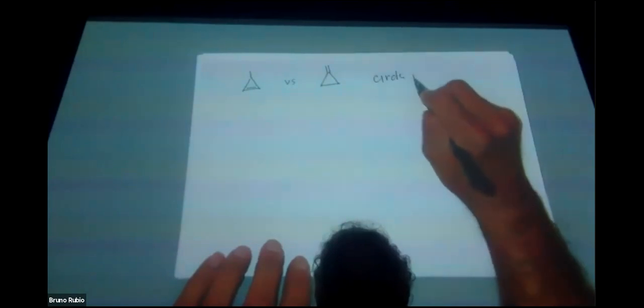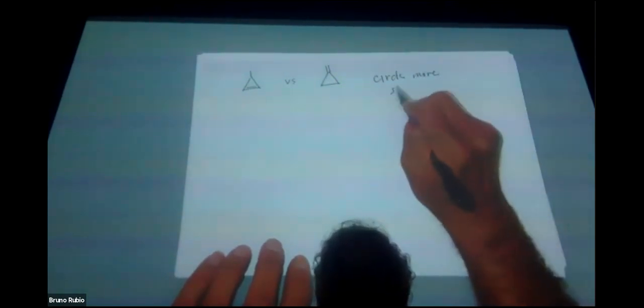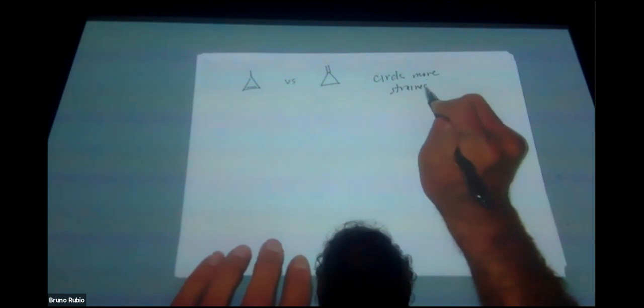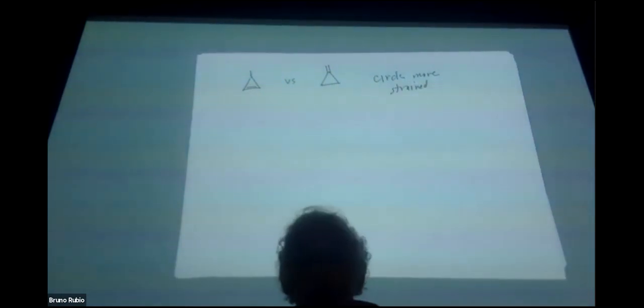Circle the more strained one. Which of these do you think has more strain? Tell me in the chat. The guy on the left or the guy on the right? Oh, it's going to be the guy on the left.